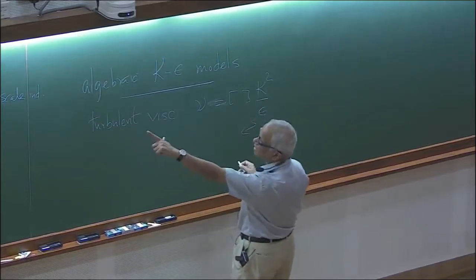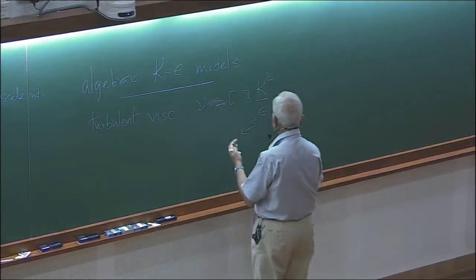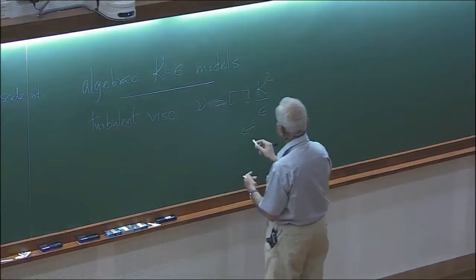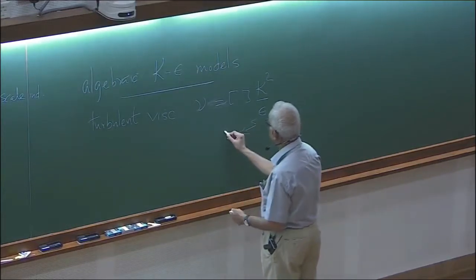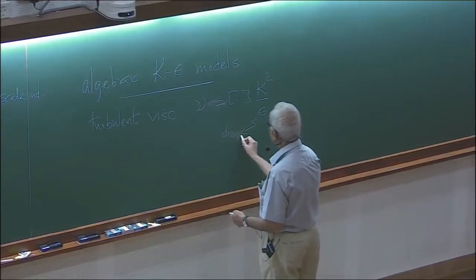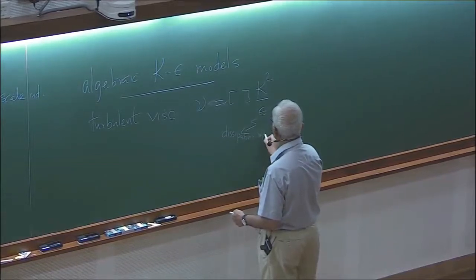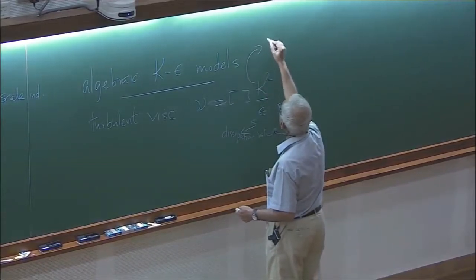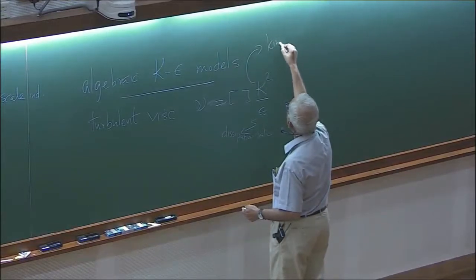This is the same as the epsilon that we have over here, the dissipation rate. K is the kinetic energy.